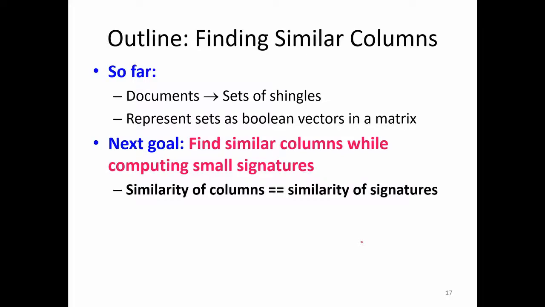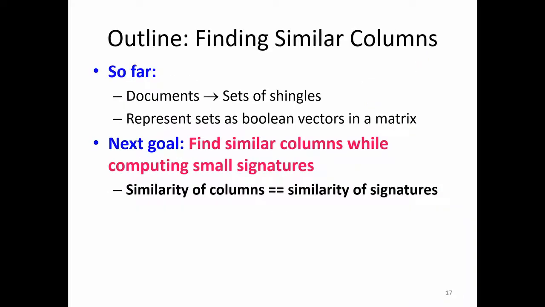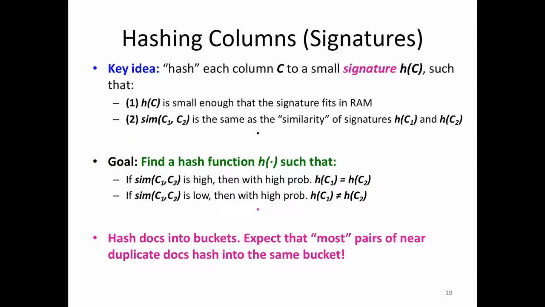You can think of this fixed size vector for each document, a column here, as a signature, but this signature is very large. So we want to find a more compact signature while preserving the similarity. After this, we are just going to forget about this document and look only at this signature.